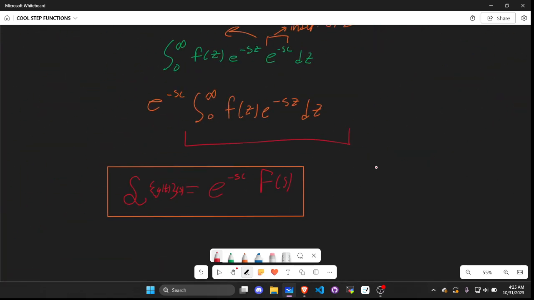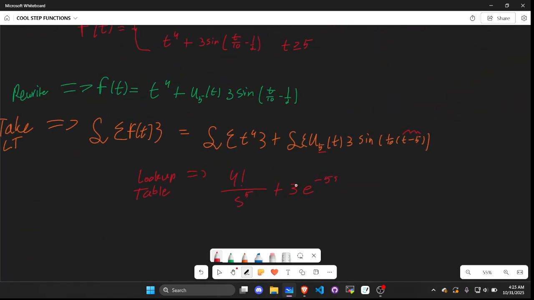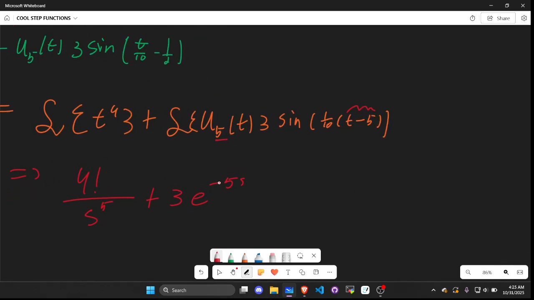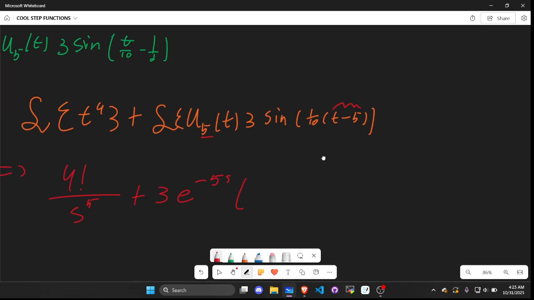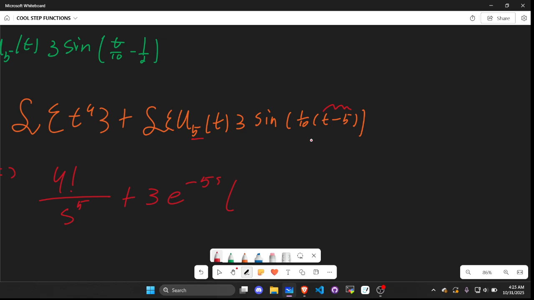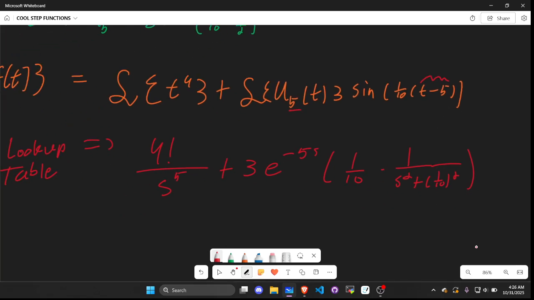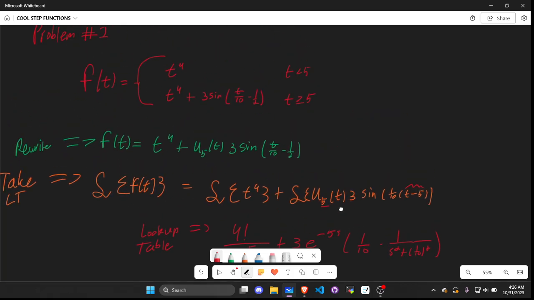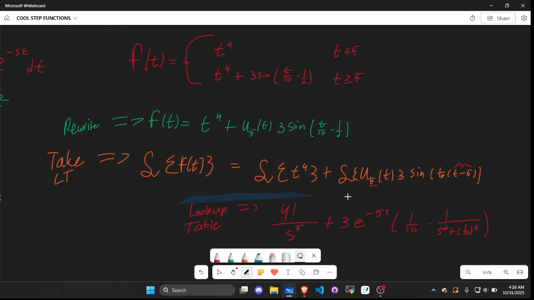The derivation we made is e to the negative sc times F of s. Well, c here is 5, so e to the negative 5s times the Laplace transform of this wonderful thing. So the Laplace transform of sine of t/10 ends up being 1/10 times 1 over s squared plus 1/10 squared. So boom, you took the Laplace transform of our first ever piecewise function.